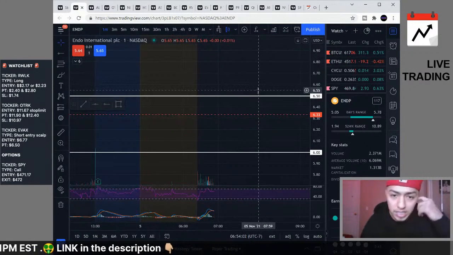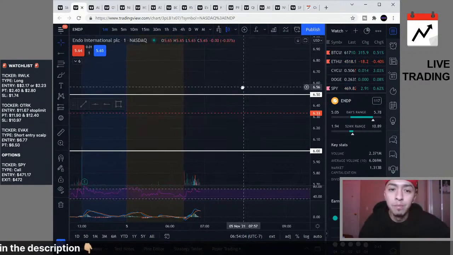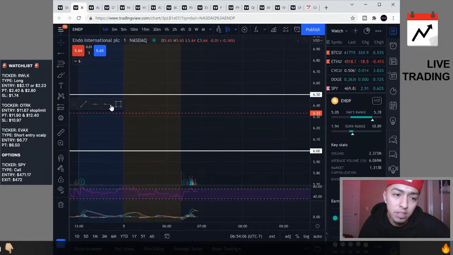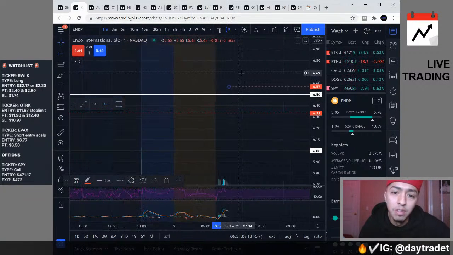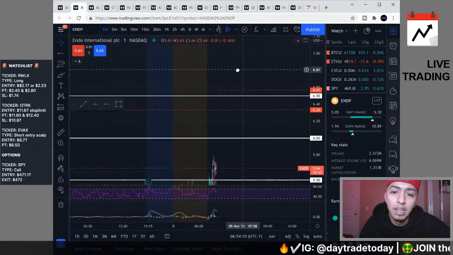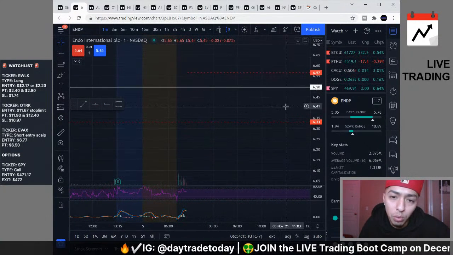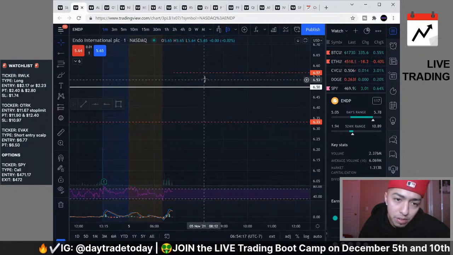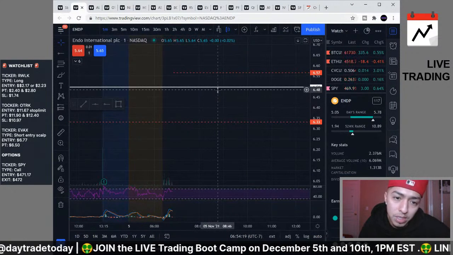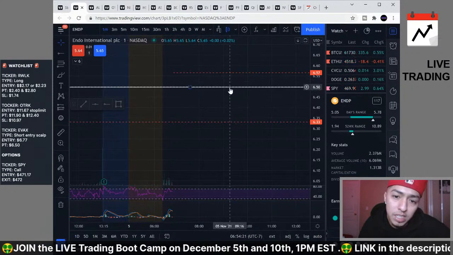You can either take half profits, let some ride, or take all and then just re-enter at 6.57. Again, before you take the 6.57 entry, you want to wait until we break through 6.50 successfully and then come back to retest it. Retest 6.50 and hold.